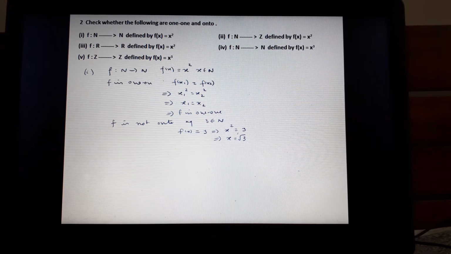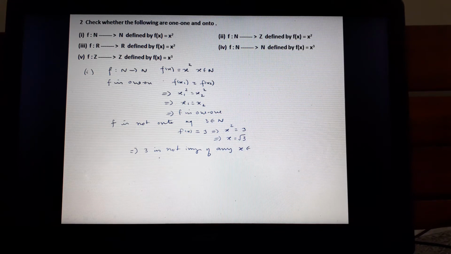So root 3 is not here. So 3 is not the image of any element x belonging to N. So this implies f is not onto.